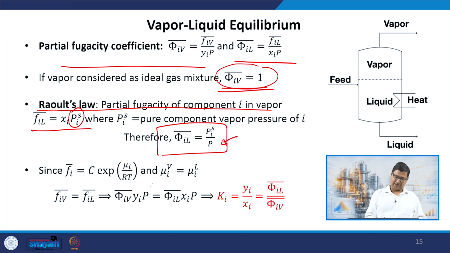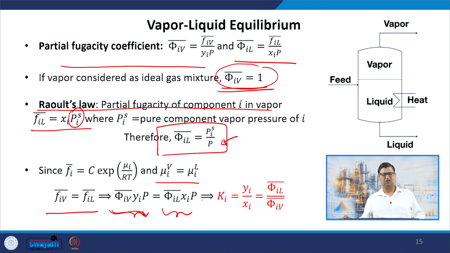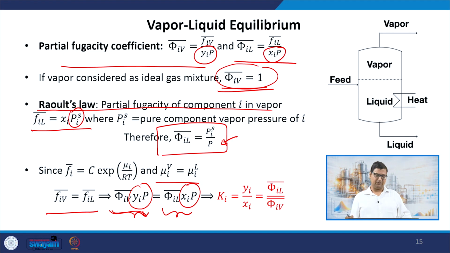Basically, this amounts to writing this chemical potential equality as the equality of the partial fugacities. And since the partial fugacities can be expressed in terms of the partial fugacity coefficients, we can have a similar relation in terms of partial fugacity coefficients, where we have an extra factor yiP coming from the definition of partial fugacity coefficient for the vapor, and an extra xiP, the same thing for the liquid.